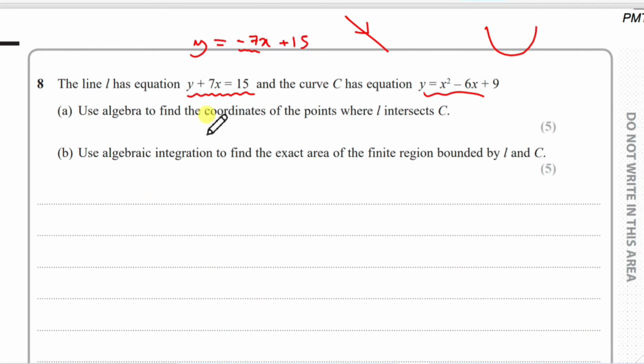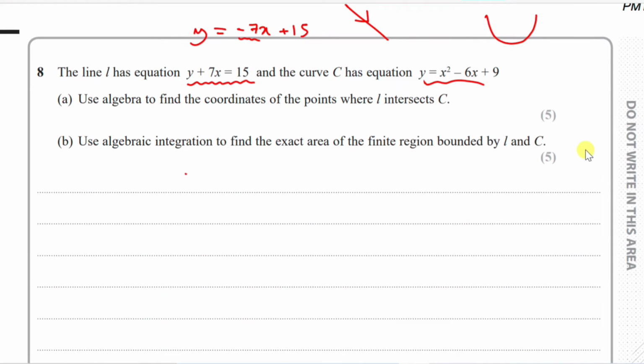Use algebra to find the coordinates of the points where L intersects C. Cool, so you're going to have a line and it intersects the curve at 2 points. So let's say probably here and here. Now, to do it, all you literally do is just substitute your line equation into your quadratic. Because we made it both equal to y, we can equate them. So therefore, we're going to have minus 7x plus 15 equals x squared minus 6x plus 9.